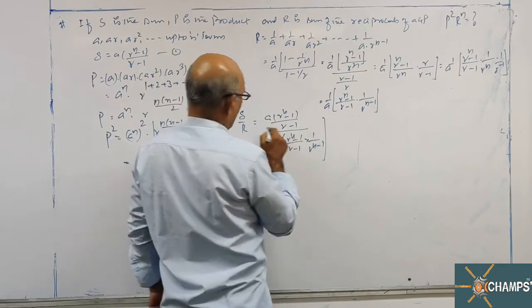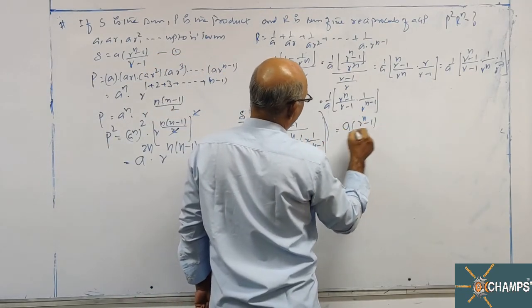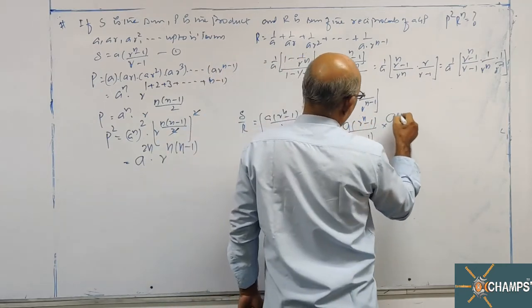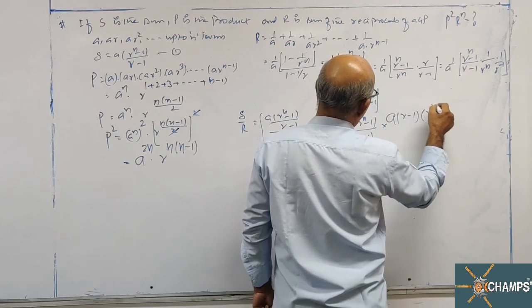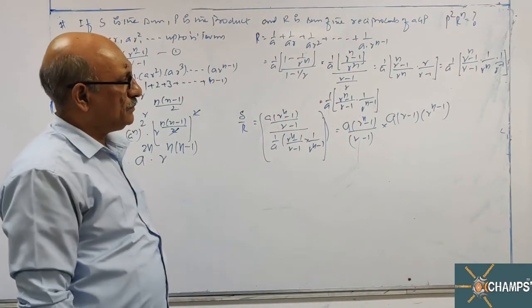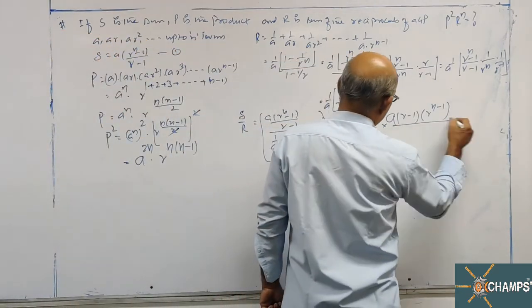One, two, three. These three terms will go to the numerator. a will go to the numerator, r minus 1 will go to the numerator, and r to the power n minus 1 also goes to the numerator.